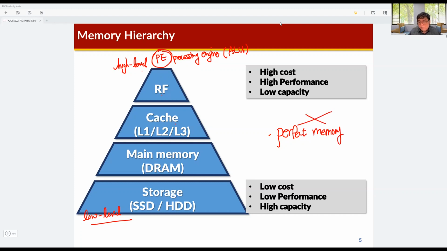What is the property of a perfect memory? So think like this. Which memory do you prefer? If you want to add memories in your computer system, which type of memory do you want?